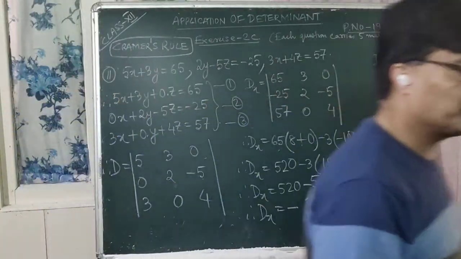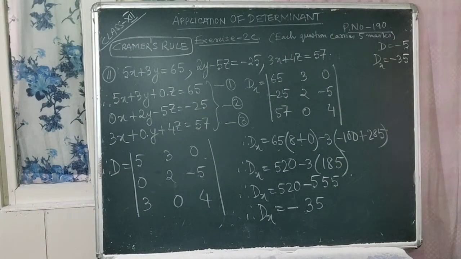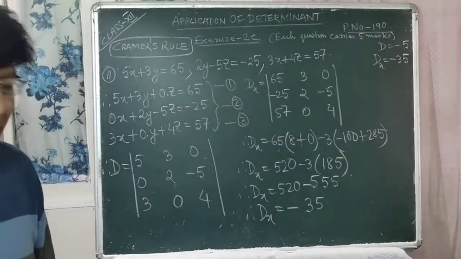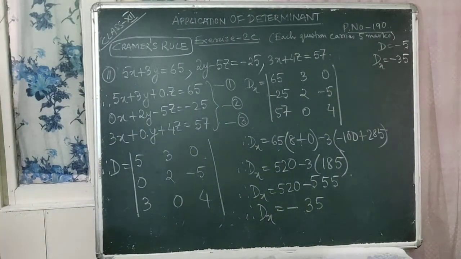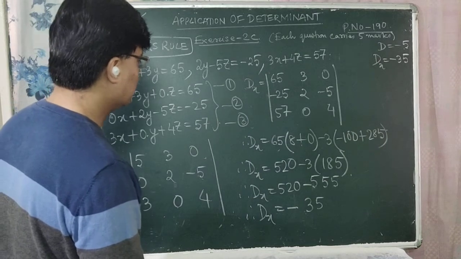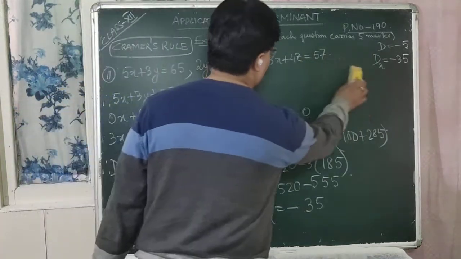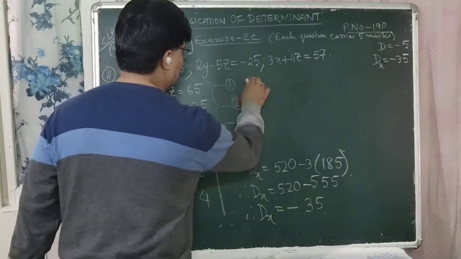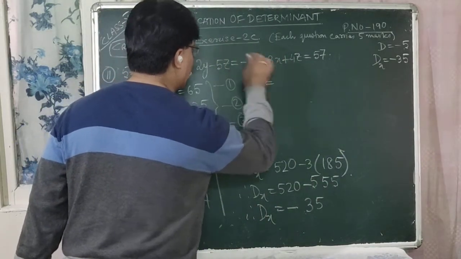Is it understood now? So now what is to be calculated? You have to find out the value of the determinant dy now. Right? So let us find out the determinant dy. So now dy.